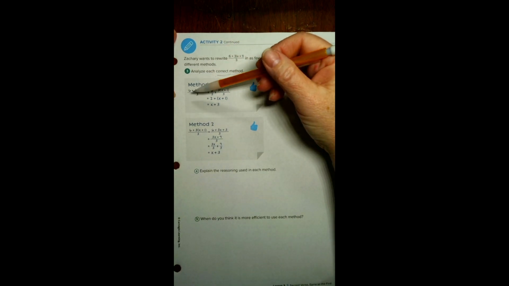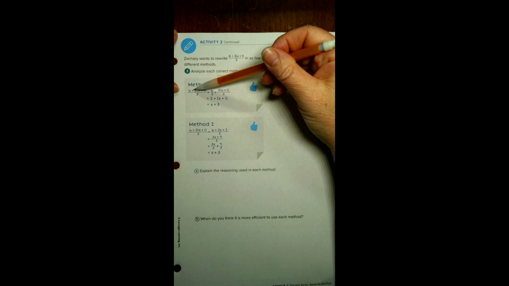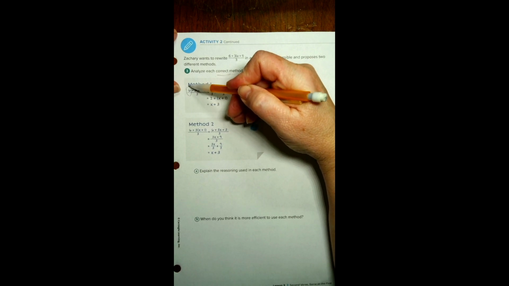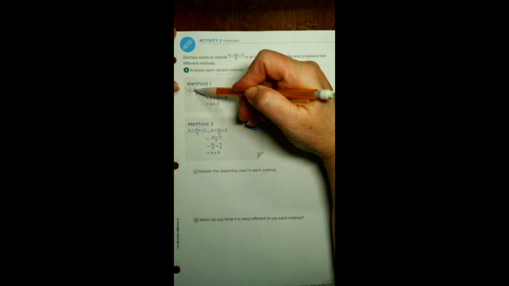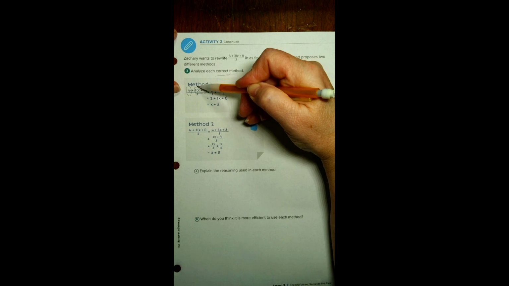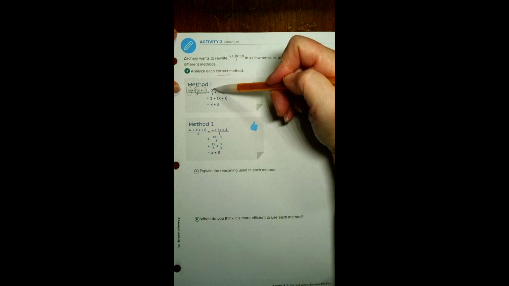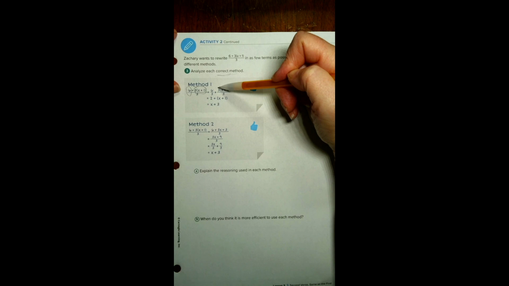Okay, so in this first method, let's see what they did. It looks like he split it apart, took this term and put it over 3, and then took this term, and yes, that's all just one term, and put it over 3. And then simplified. 6 divided by 3 is 2. And then 3 times the quantity of x plus 1 divided by 3.